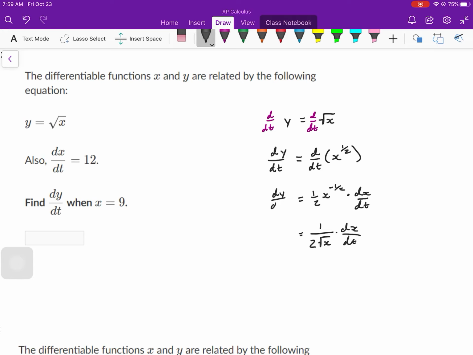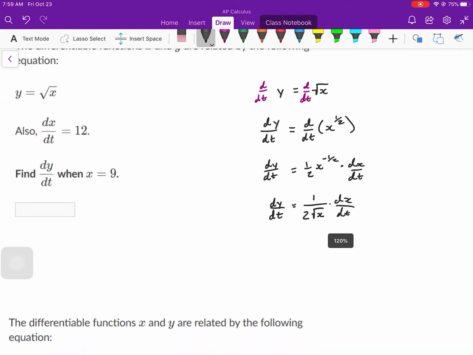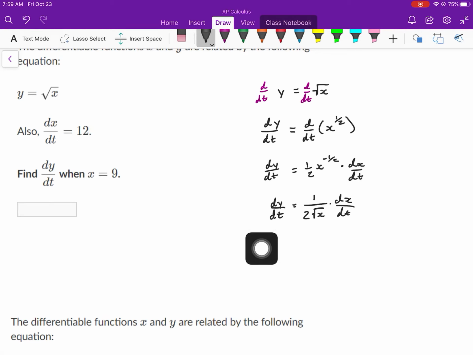Don't forget we have a dy/dt on this side. And dx/dt is 12, so we're going to substitute that in right there. And x is 9, so that's going to go in right here. And now we just simplify.